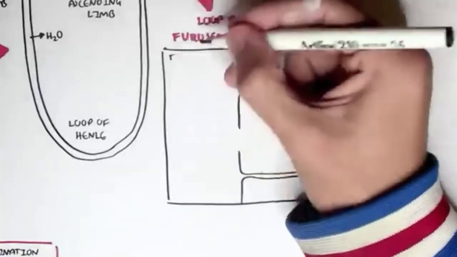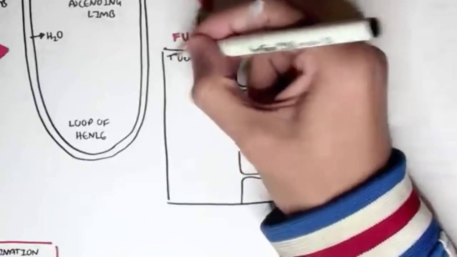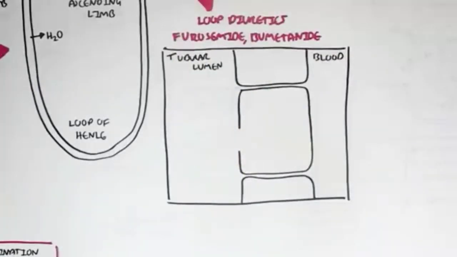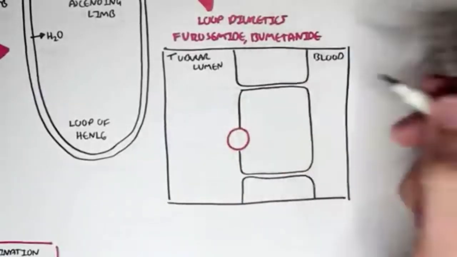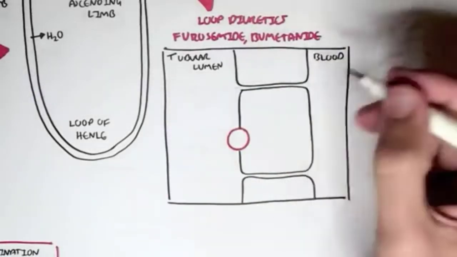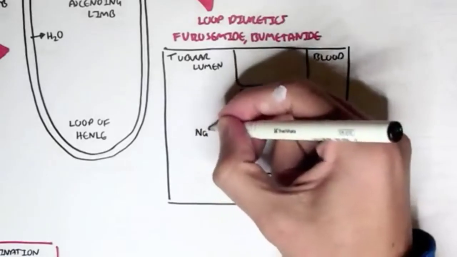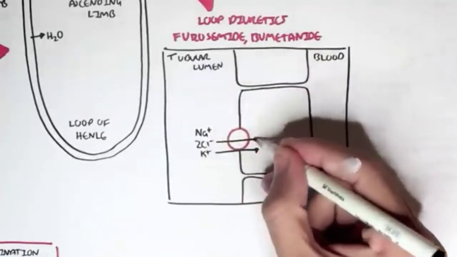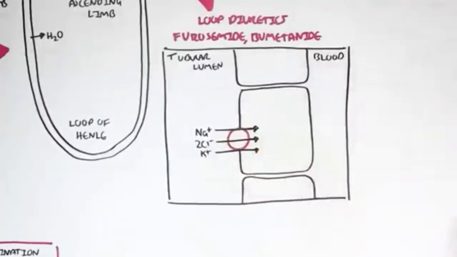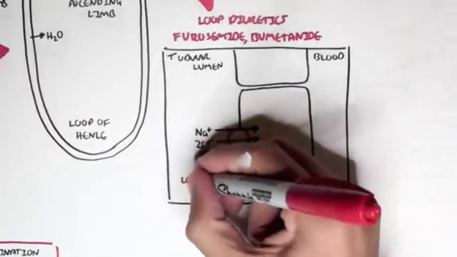Here we have the blood and the tubular lumen. The tubular lumen is inside the nephron. Here we have the transporter, which is within the tubular lumen. This transporter typically transports sodium, 2 chloride ions, and 1 potassium through.